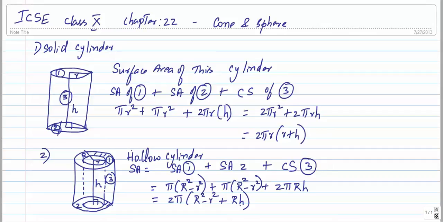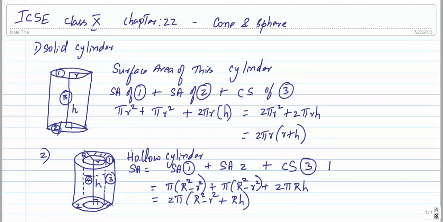So this is the surface area of the hollow cylinder. But have we missed out something? Yes, what is that? If you can see, since it is hollow, we have the similar curved surface area in the inside also. What I mean is the internal surface area, again a curved surface area of this portion, curved surface area 4.